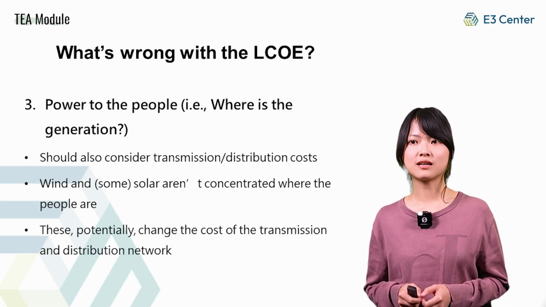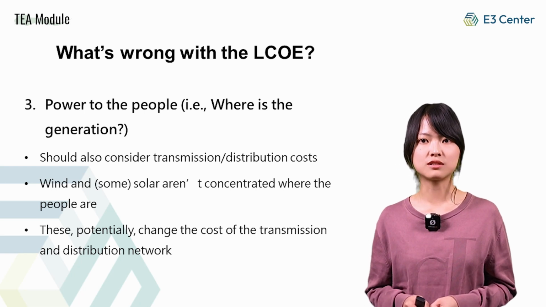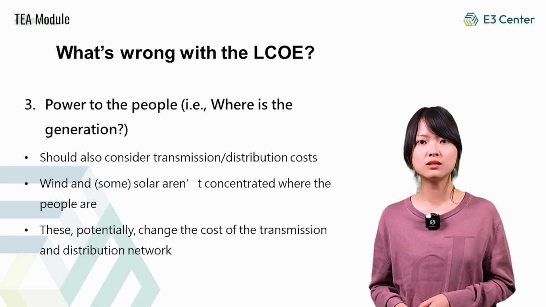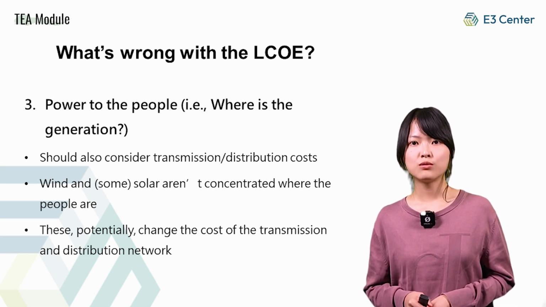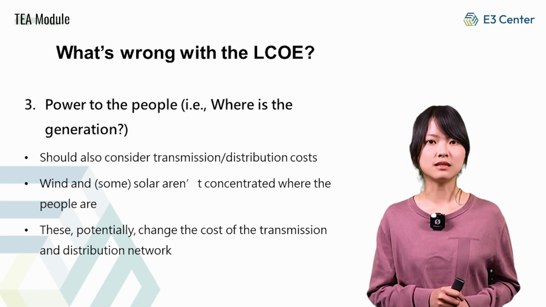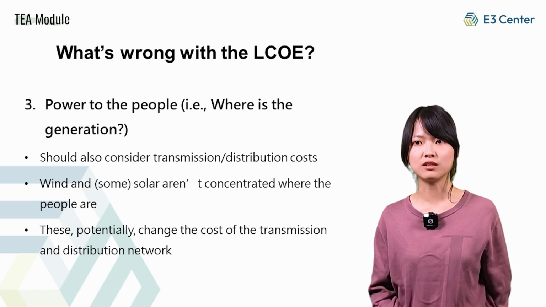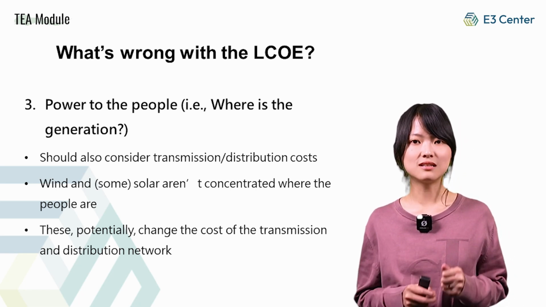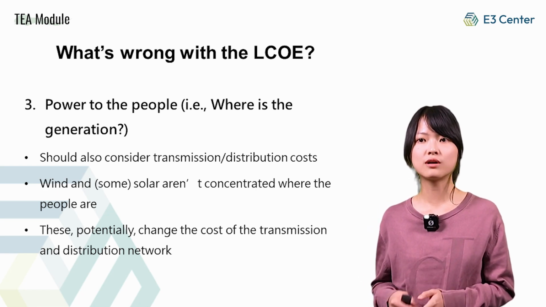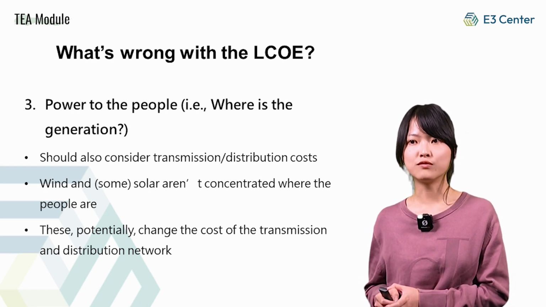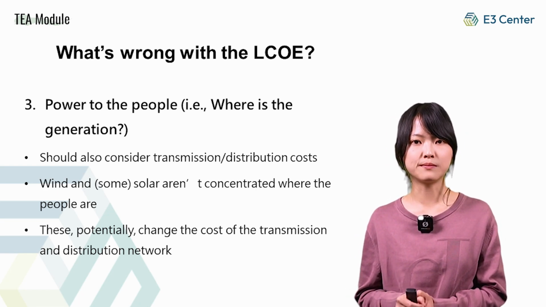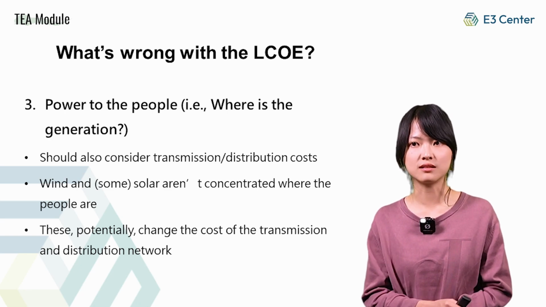This geographic mismatch introduces additional costs for transmission and distribution, which are not typically included in the standard LCOE calculation. Including these costs would provide a more accurate depiction of the economic viability of deploying renewable energy technology across long distances.